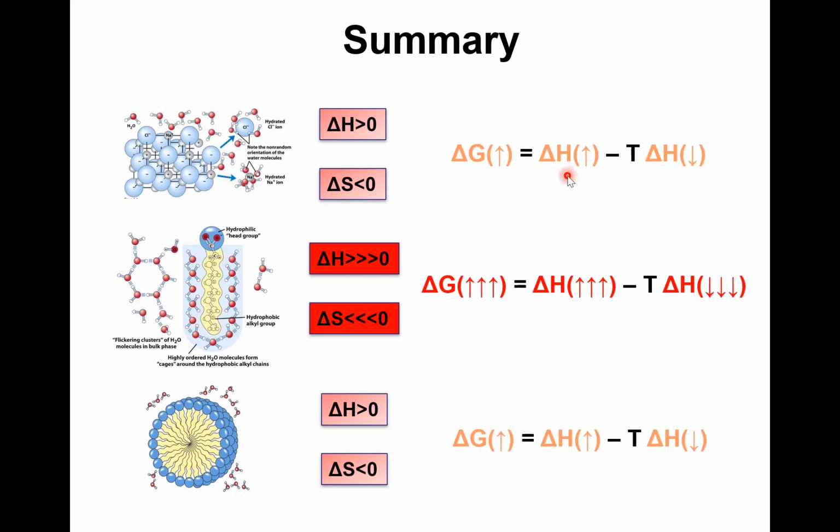There is loss of hydrogen bonds compared to the pure solution of water. And some of the water molecules are constrained in a fixed position, more or less, depending on whether the compound is polar or non-polar, than when they were in pure water. Okay, so entropy goes down, enthalpy goes up, no matter what you dissolve in the aqueous solution.